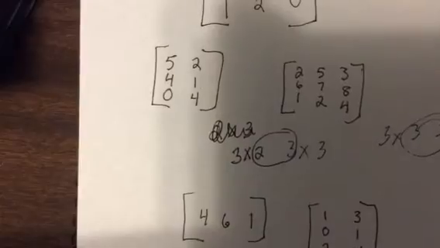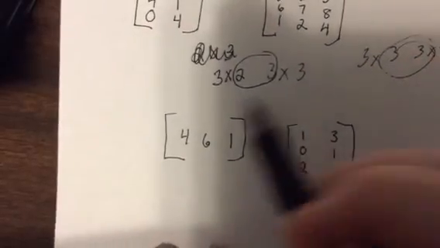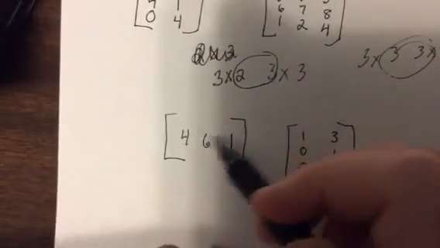So good test question after Christmas. Can you switch the order of matrices and always be able to multiply them? And the answer is no. Sometimes you can, sometimes you can't. So let's look at this one. We have 1 row, 3 columns.